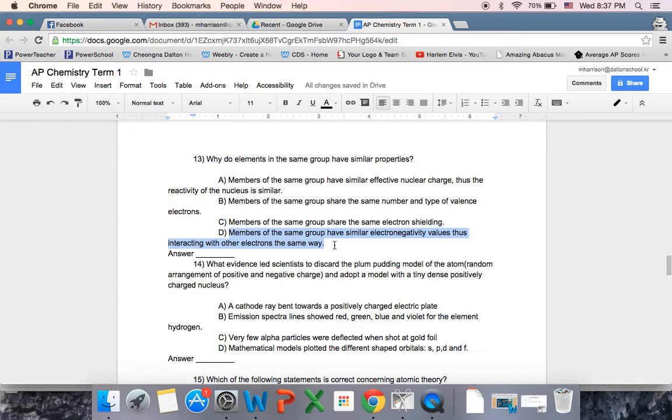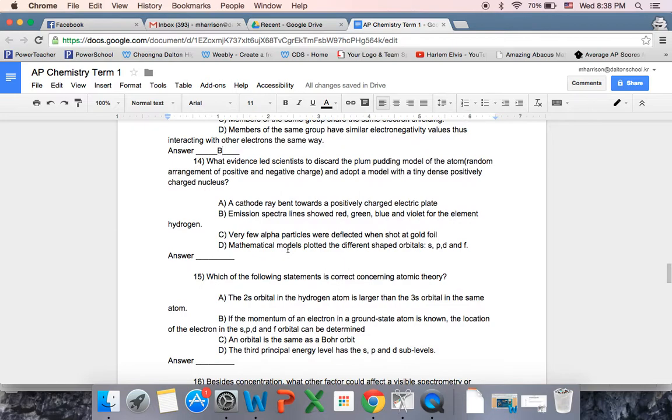No. Electronegativity increases as you move towards the right of the periodic table and also as you move up the periodic table. So as you're moving up the periodic table, despite the fact that they're in the same group, they're having different electronegativity values. So that means members of the same group share the same number and type of valence electrons. So the correct answer here is B.